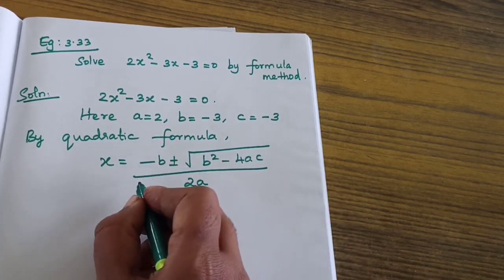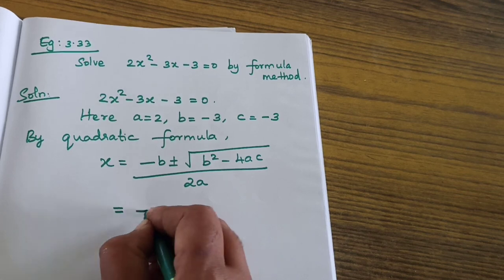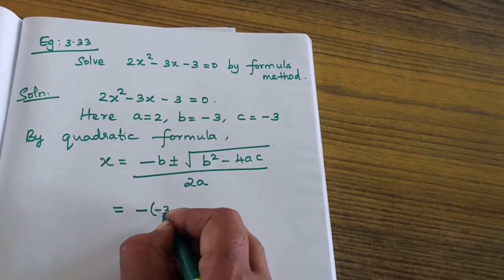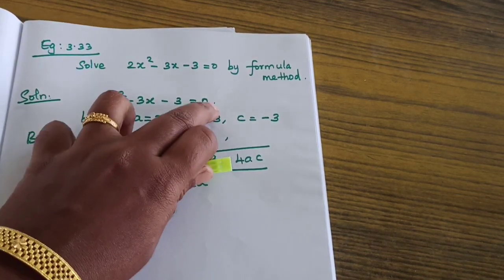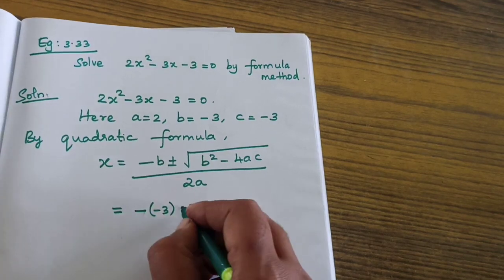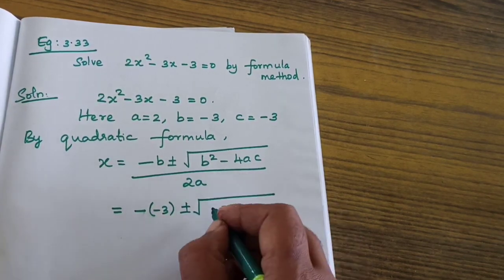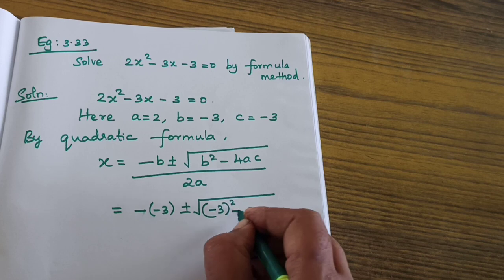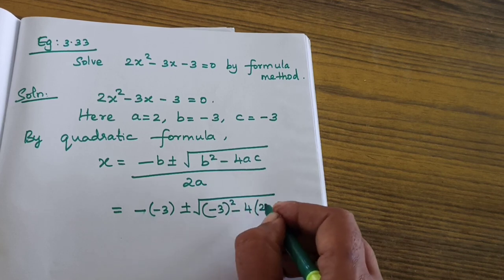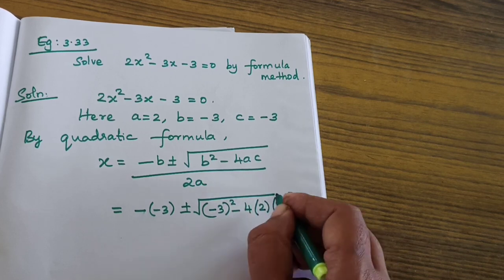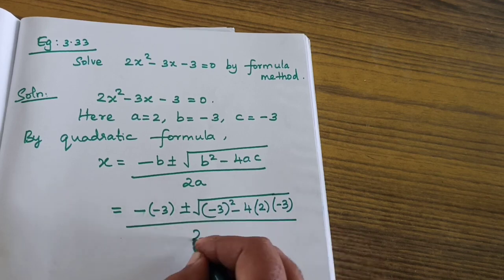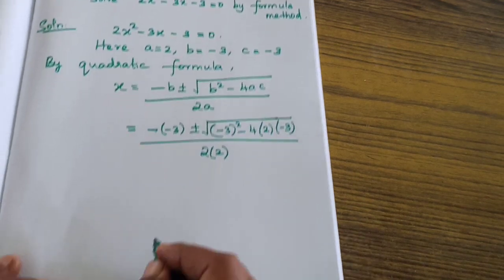Okay, which is equal to minus b, that is minus of minus 3, plus or minus square root of b squared, minus 3 the whole squared, minus 4, a value 2, c value minus 3, the whole divided by 2 into 2, because a value is 2.